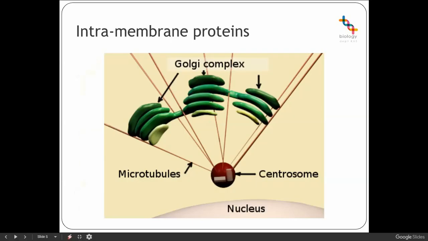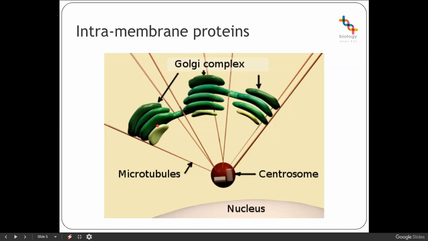We also have some proteins which may be forming intracellular membranes, so they might be part of the membrane surrounding a mitochondria, for example. And if that's the case, similarly, we've had our ribosome, we've had our endoplasmic reticulum, and it's reached the Golgi apparatus.